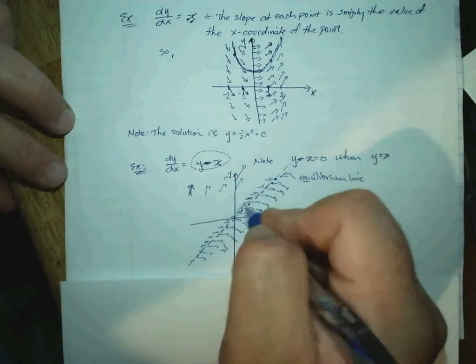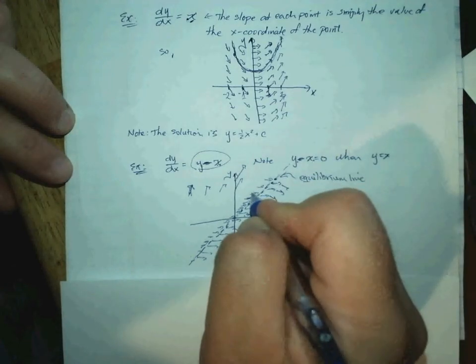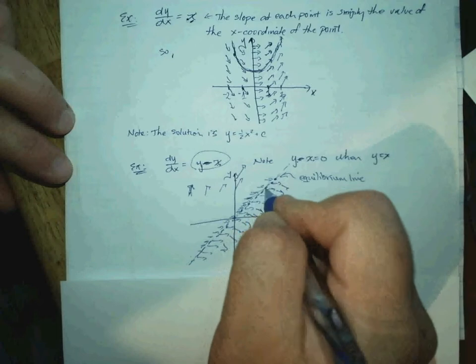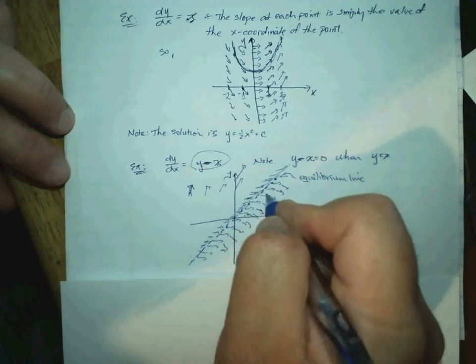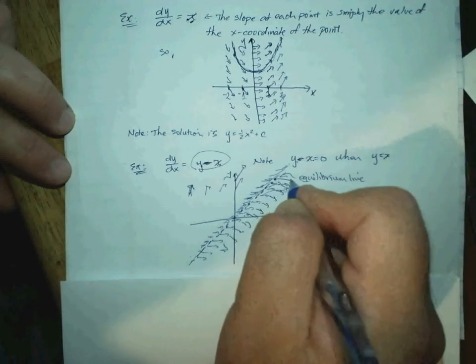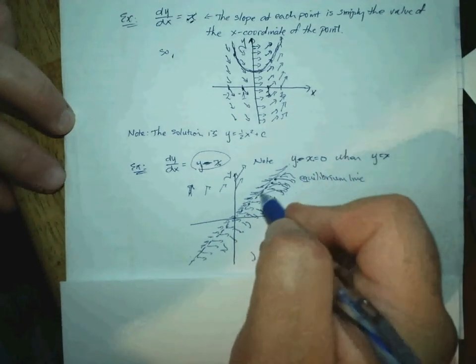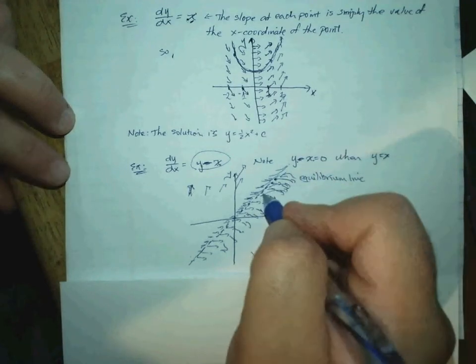And this equilibrium can be analyzed in the following way. If we're to the left of this equilibrium line, our solutions will drive towards it, pushing us onto the equilibrium line. But if we're to the right, our solutions will drive us away from it. And so we classify this equilibrium line as what's called a semi-stable equilibrium line.